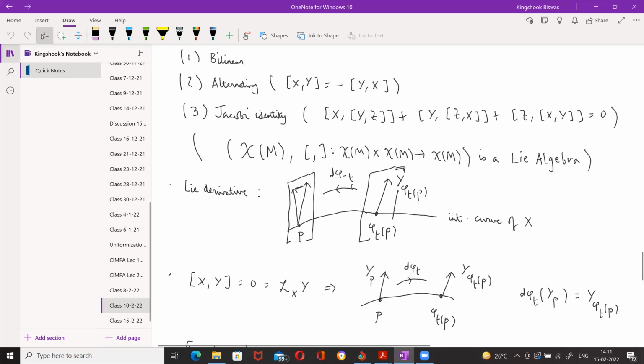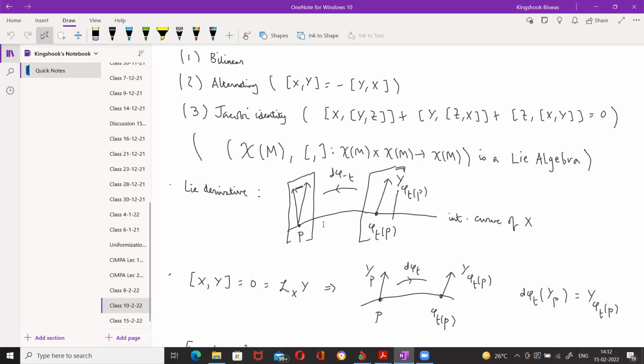So d phi minus t is an isomorphism between the tangent space at phi t of P and the tangent space at P. So I can apply d phi minus t to y at phi t of P. Now I have two tangent vectors in the same tangent space, so I can take their difference, divide by t and let t tend to 0.